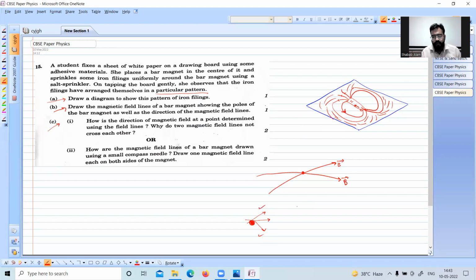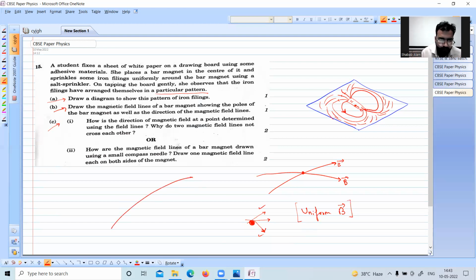So a single magnetic field line can never intersect, because at a point of intersection it has two directions as indicated by the tangents. When the tangents are drawn, they show two directions, which is not possible. So two directions at a single point is not possible.